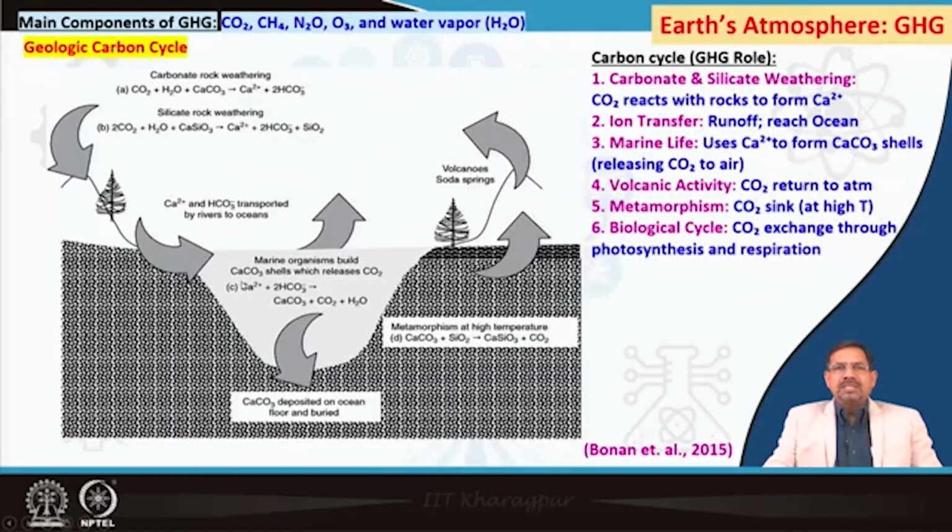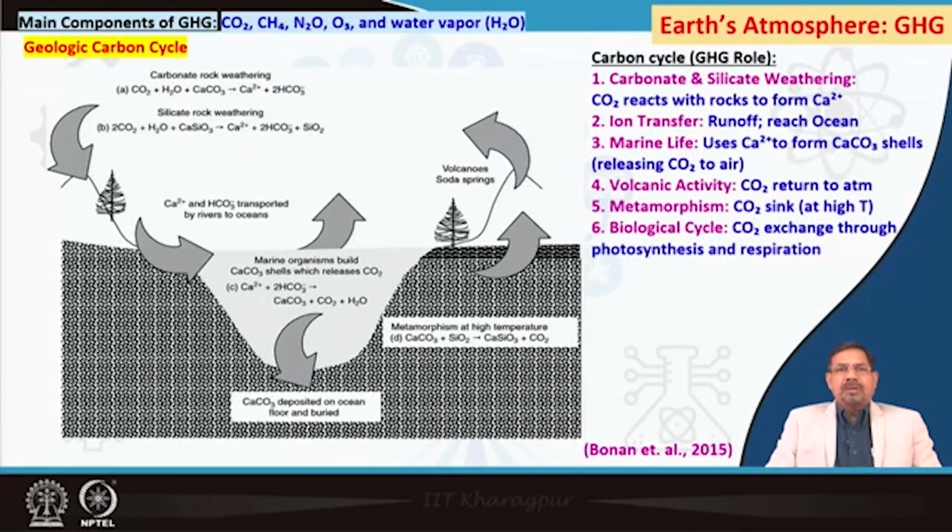Now, these marine organisms come in contact with these ions and they build calcium carbonate shells, that is their outer shell, and in that course they release some carbon dioxide into the system through these ions.